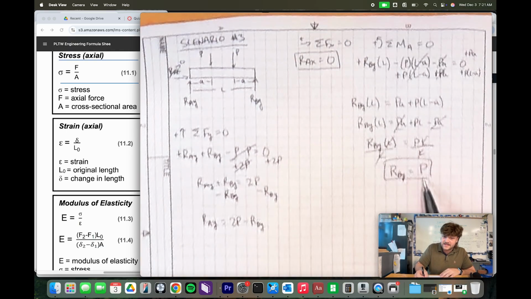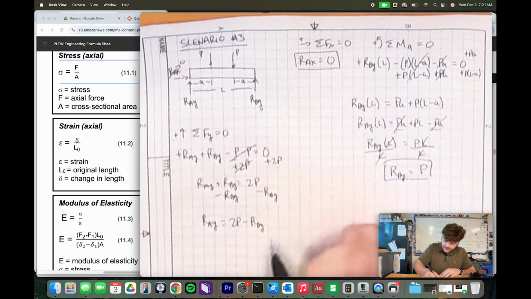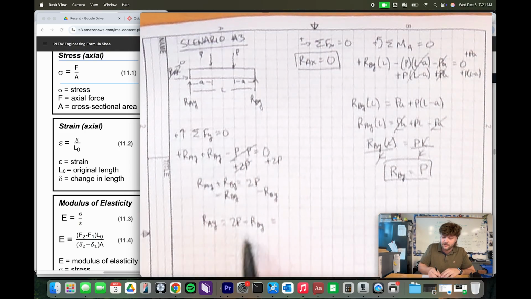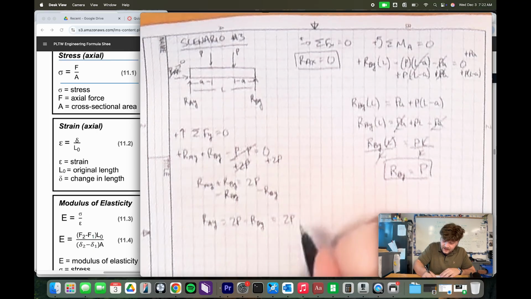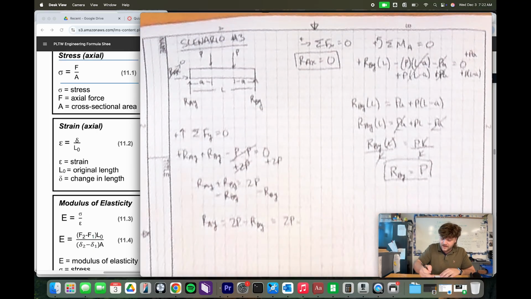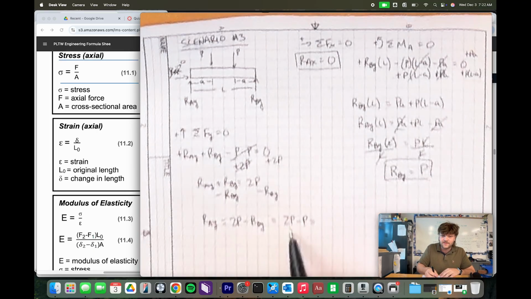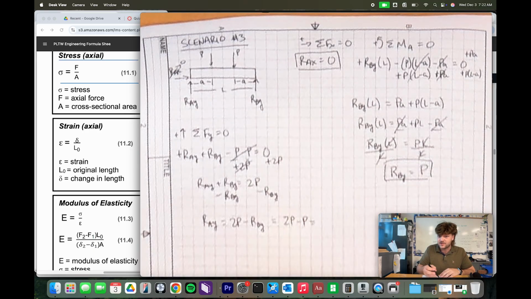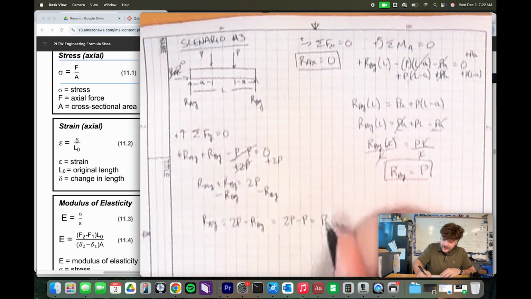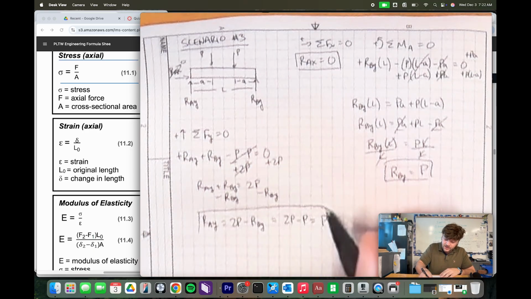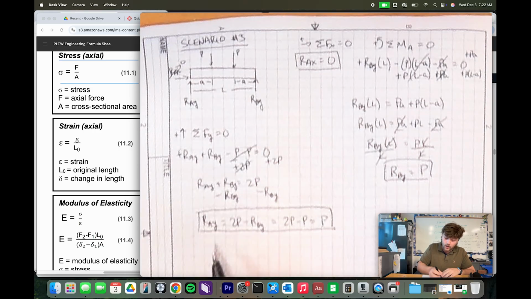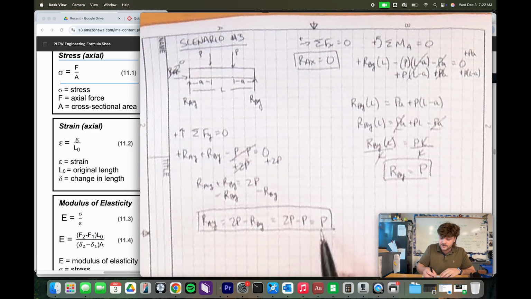Now, didn't we say that RB was equal to P? So now let's just go ahead and rewrite this. It's going to be 2P minus P, right? Now, if we have 2P minus P, that's 2 minus 1, which is 1P. And so this is how we just ended up proving RAY is equal to P as well.